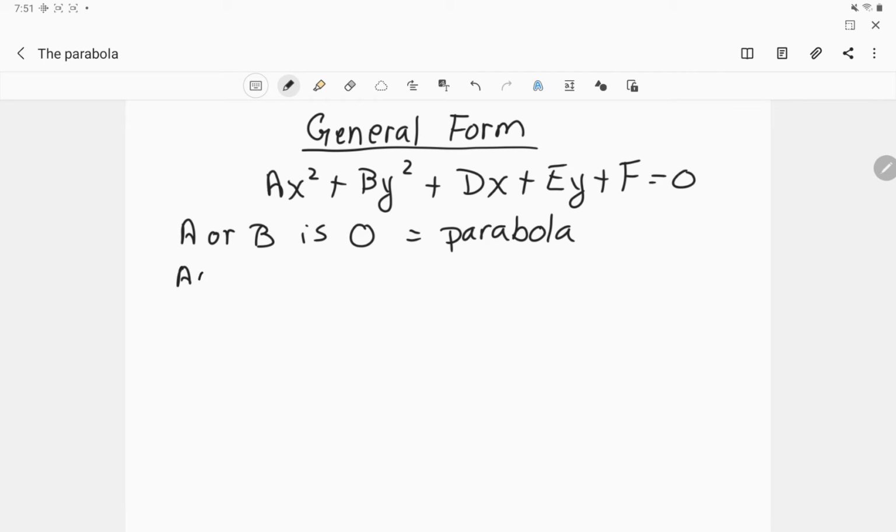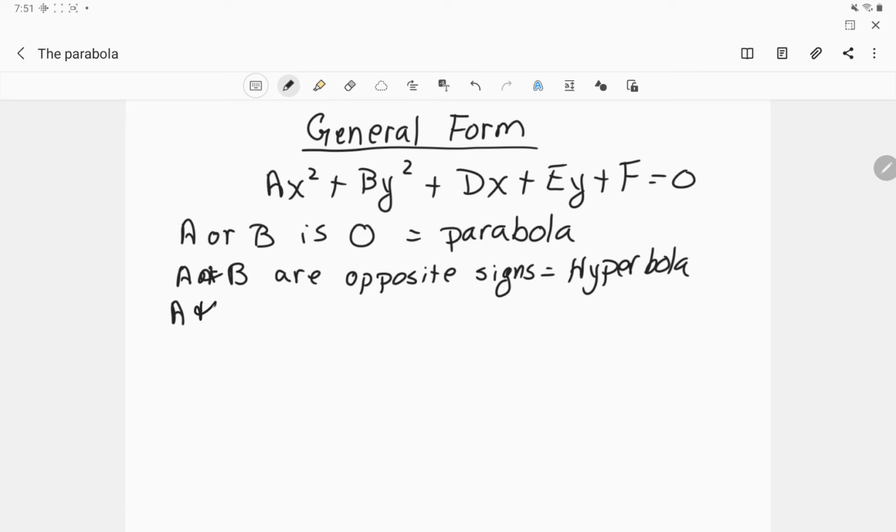If A and B are opposite signs, so one's positive, one's negative, then you have a hyperbola.